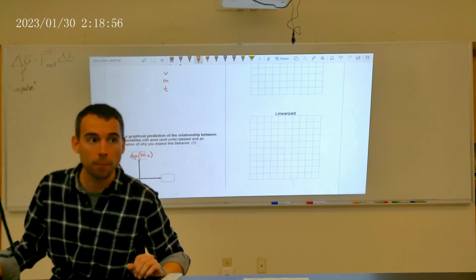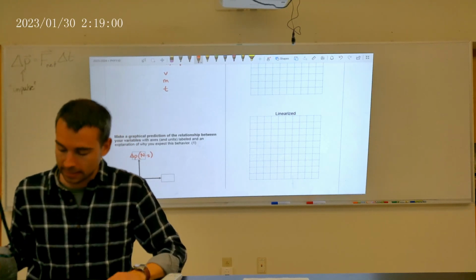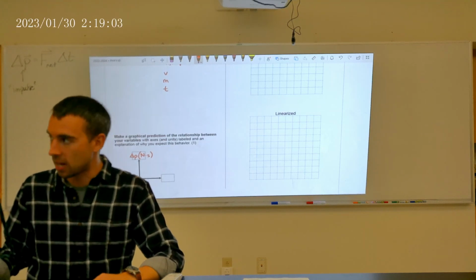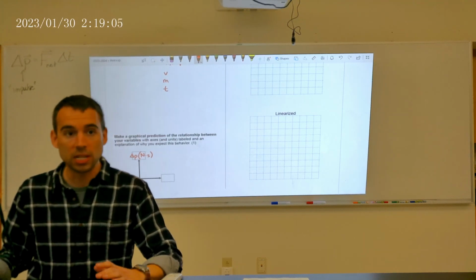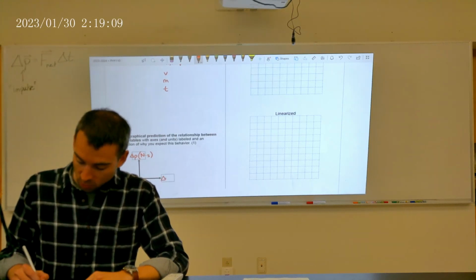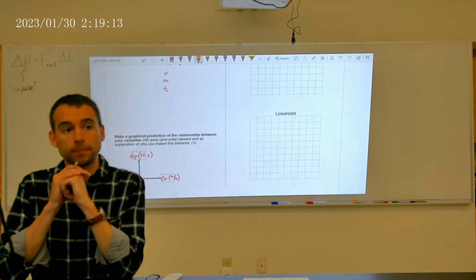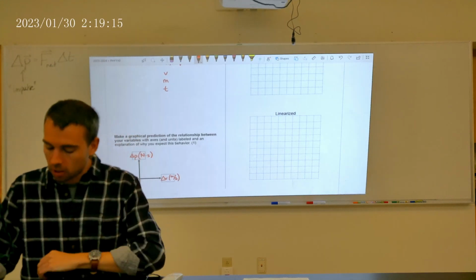You might recall from the PowerPoint that the area under that graph had units of newtons times seconds because we had a force versus time graph. That's what I mentioned at the beginning of class. That's in the PowerPoint. The horizontal axis will have delta V, which is going to be a change in meters per second. I'll let you do your prediction in a moment.